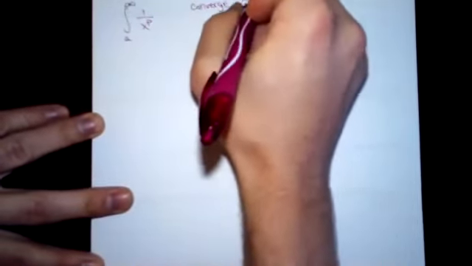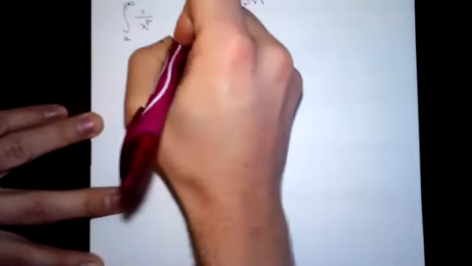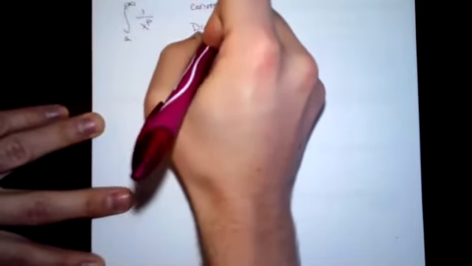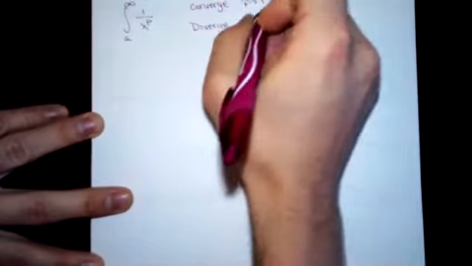So let's recap our limit from a to infinity of 1 over x to the p. If I am integrating out to infinity, it will converge if p is bigger than 1, and it will diverge if p is less than or equal to 1.